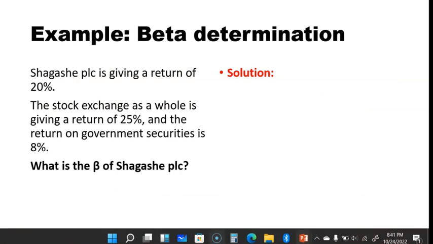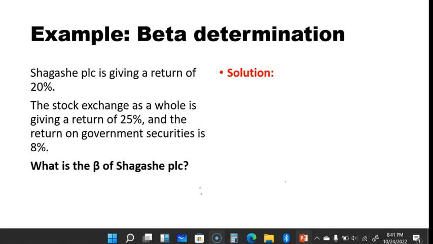Shagasha PLC is giving a return of 20%. The stock exchange as a whole is giving a return of 25%, and the return on government securities is 8%. What is the beta of Shagasha PLC?